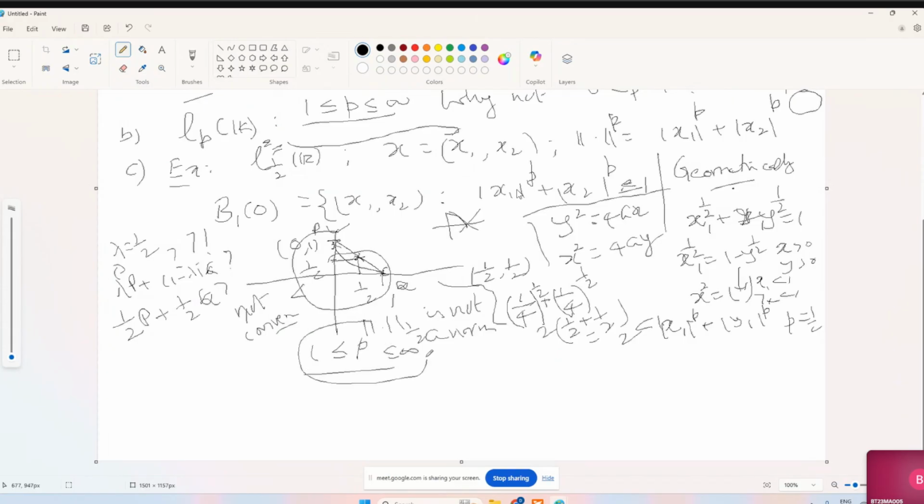For this, it's a non-linear space. But for 0 less than P less than 1, this LP need not be a non-linear space. Some sort of indirect proof. Is it clear?